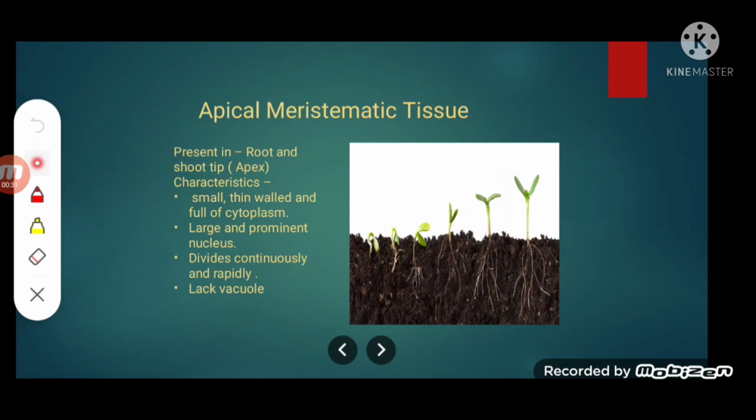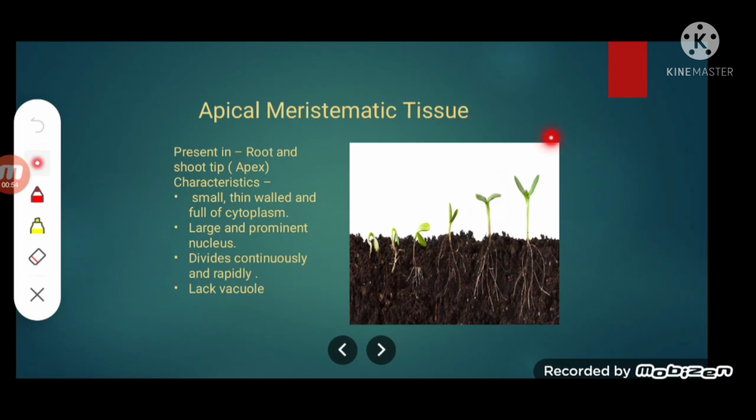So where are they found? They are always found in the shoot tip, the part of the plant located above the ground, and the root tip, the part of the plant located below the ground. So the shoot tip will grow vertically up and the root tip will grow vertically down.